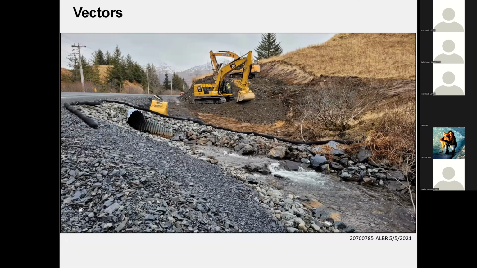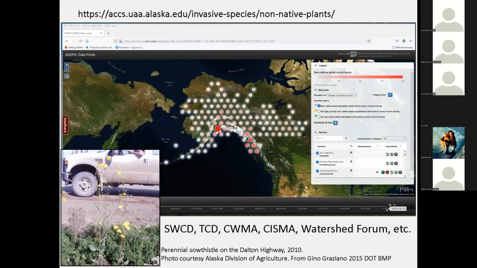Besides the necessary reseeding after and erosion control during the project, there are practices that can be included in construction contracts and activities that can help prevent your stream crossing project from spreading existing infestations or becoming the source of new infestations, starting at the planning stages. Know what to expect. One resource is the online ACEPIC database.